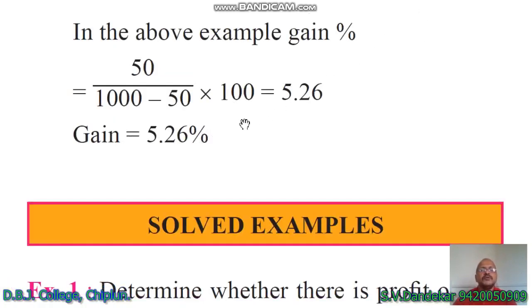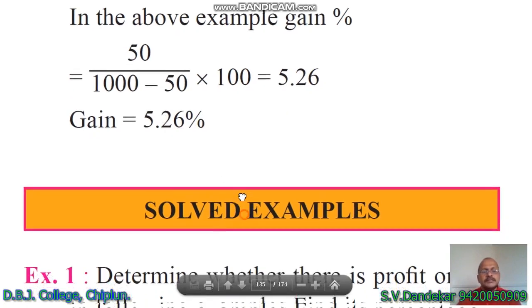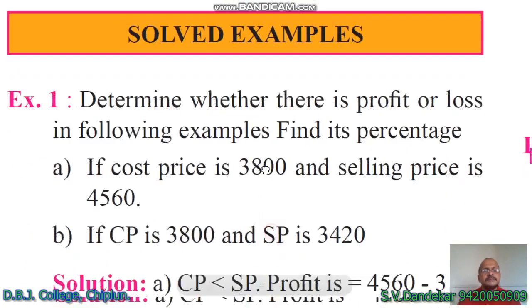In this example, we can directly find the gain percent using the formula. 50 is the difference between actual weight and the true weight. So 50 upon (true weight 1000 gram minus 50, the error), multiplied by 100. Calculation gives us the answer 5.26. So gain is 5.26%.